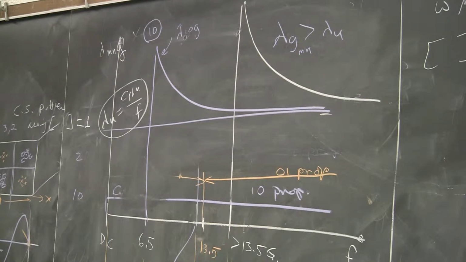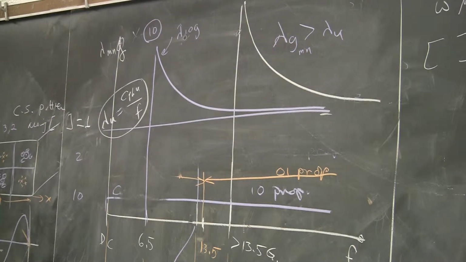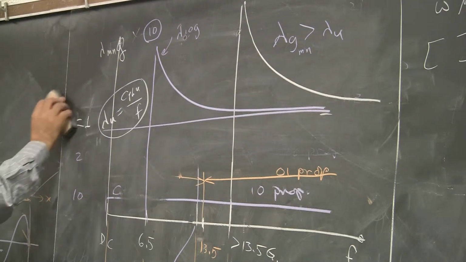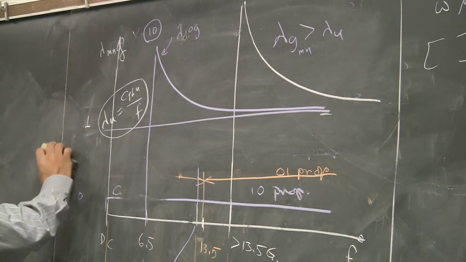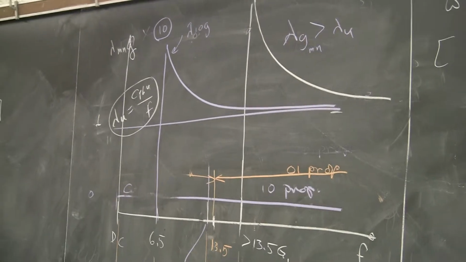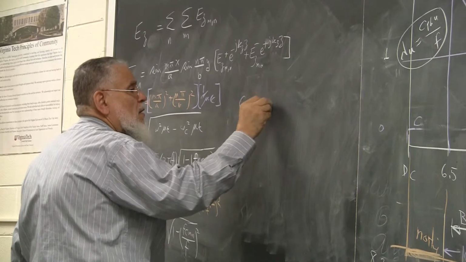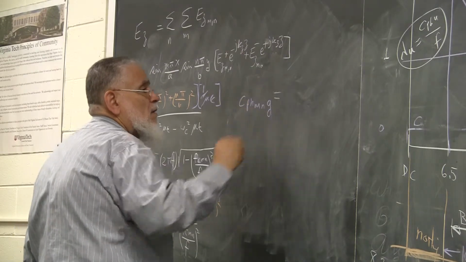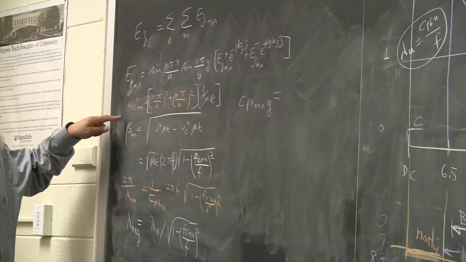That's the first one. Second one here, which is going to require a bit more discussion, is the phase velocity inside the guide, C phase mn in the guide. The phase velocity for each wave is going to be what? It's going to be omega over beta.